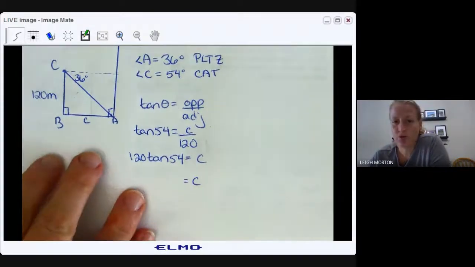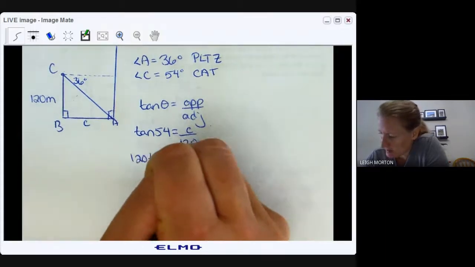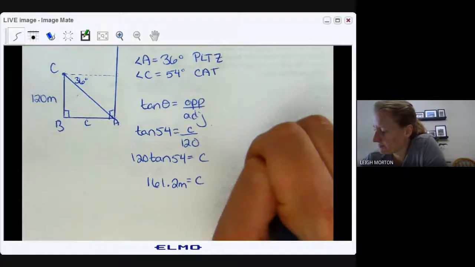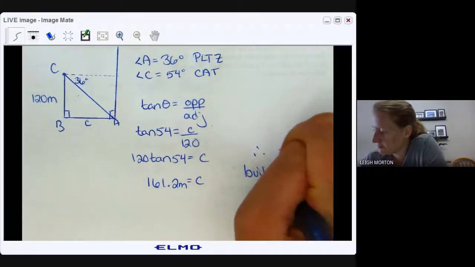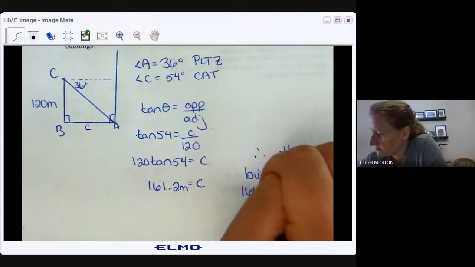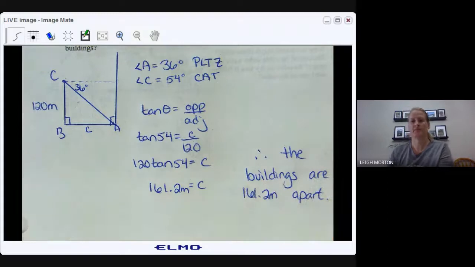And again, we're going to go to 1 decimal place for a distance. And I find that they are 161.2 meters apart.